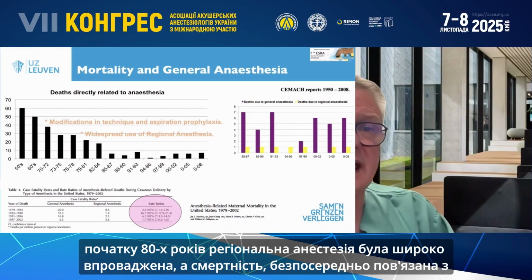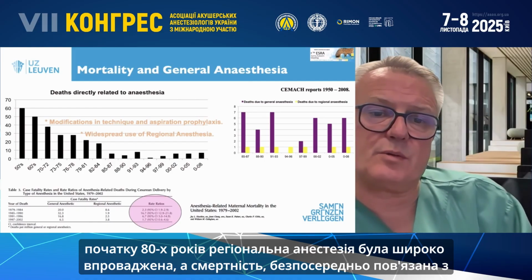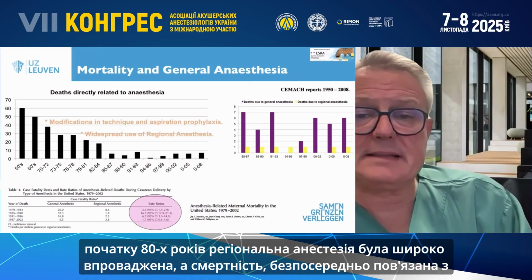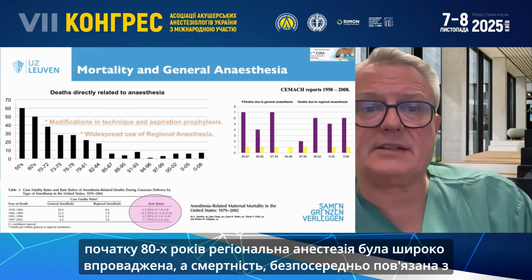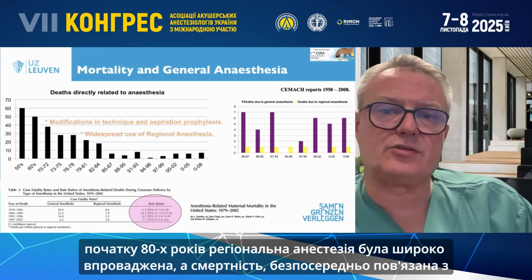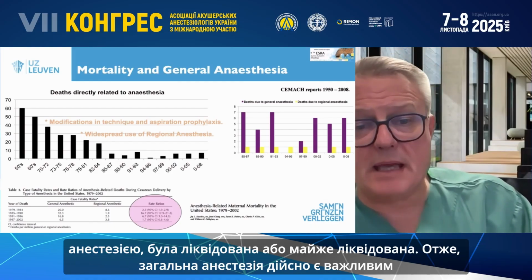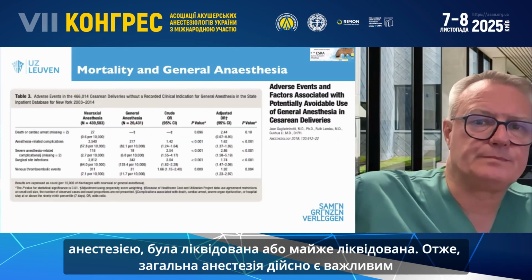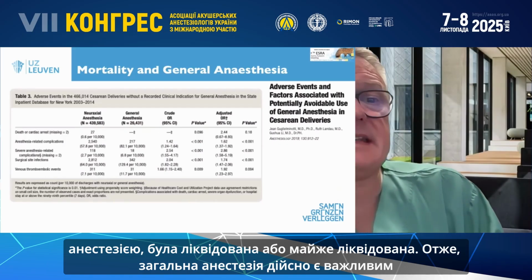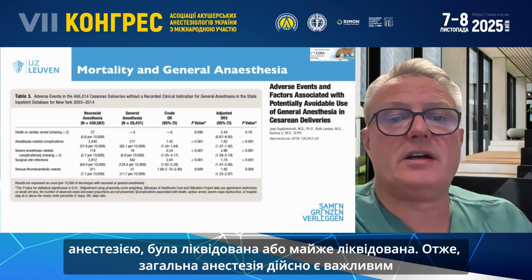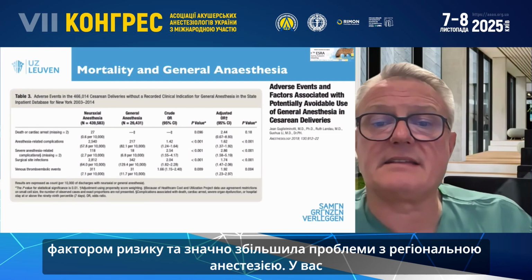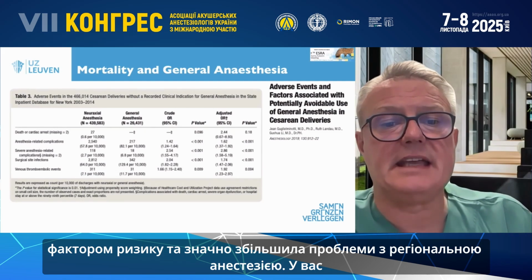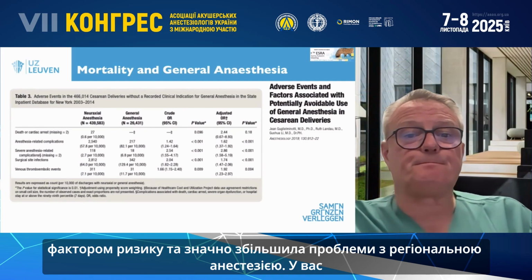And since the early 80s, regional anesthesia was broadly implemented, and mortality directly related to anesthesia was eliminated or almost eliminated. So general anesthesia is really an important risk factor and increases significantly the problems.